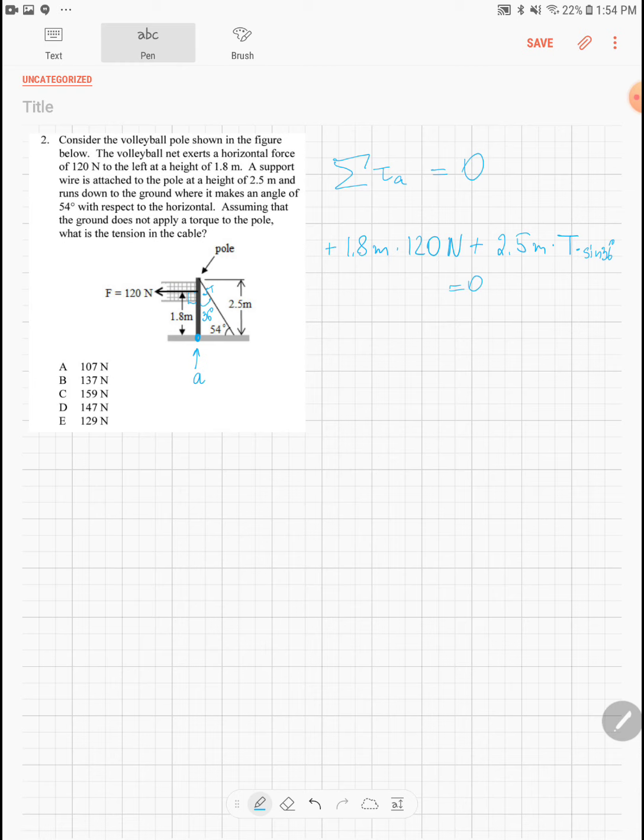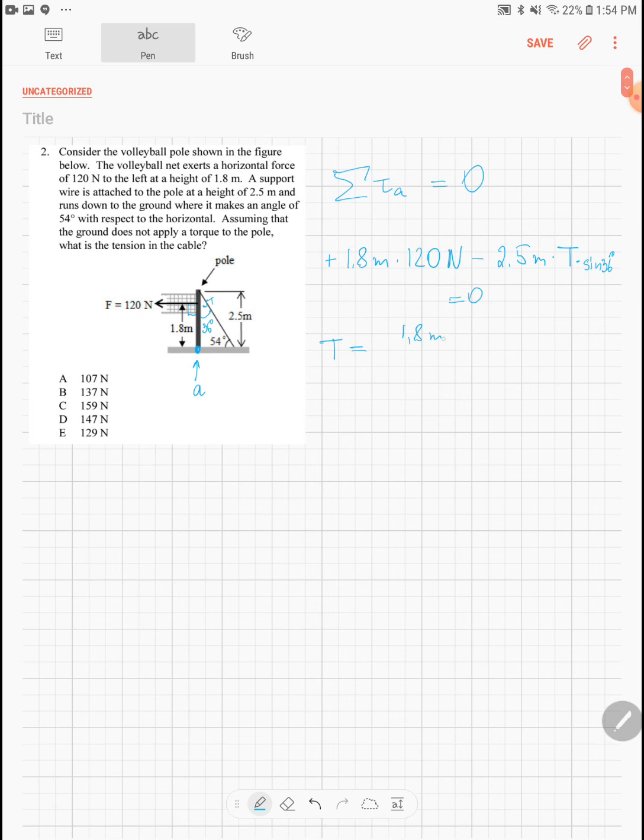By the way, we have to also take into account the sign. The sign of this torque is negative because it tends to rotate everything clockwise. So it contributes with a negative sign. Now we can solve for T, and we will obtain 1.8 meters times 120 newtons divided by 2.5 meters times sine of 36 degrees.